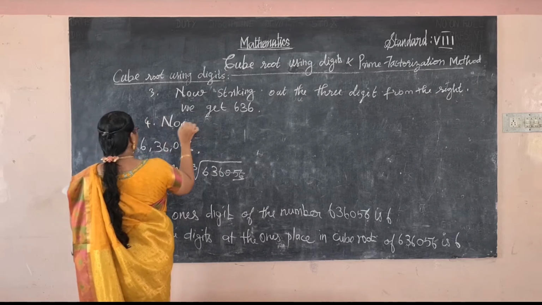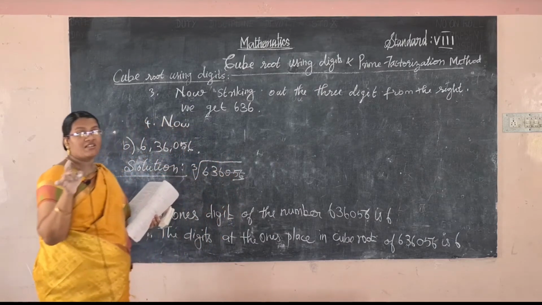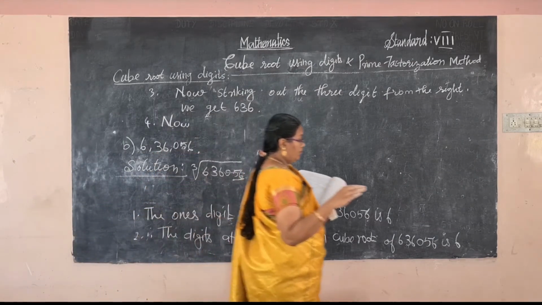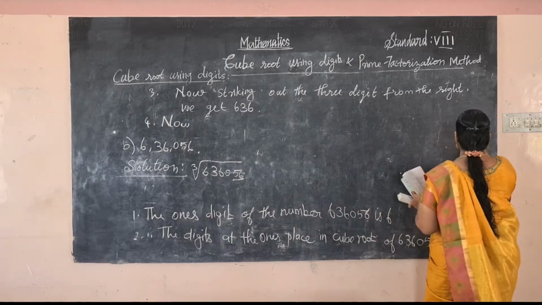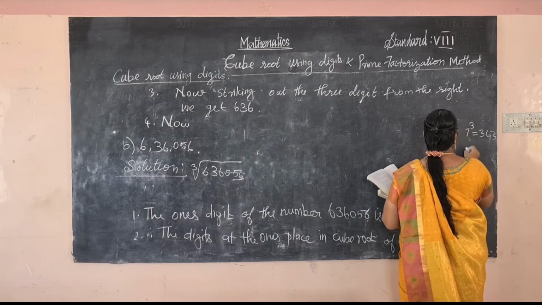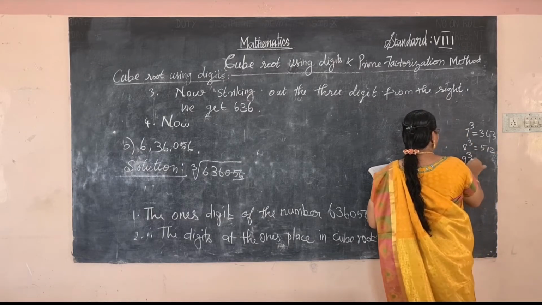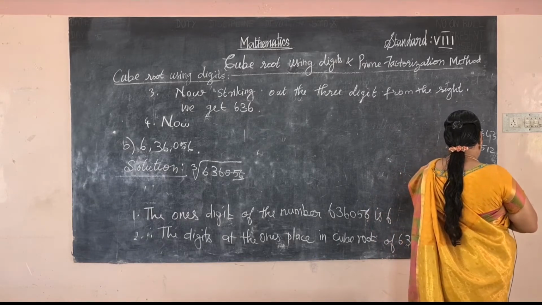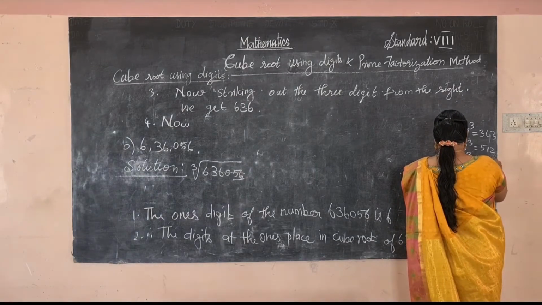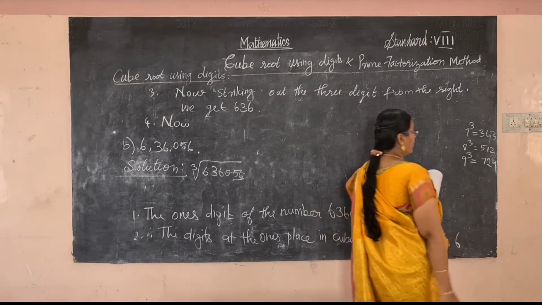Now the fourth one of that. How many cubes are in 636? 7 cube is 343. 8 cube is 512. 9 cube is 729. 10 cube is 1000.